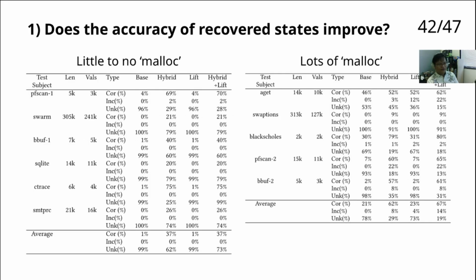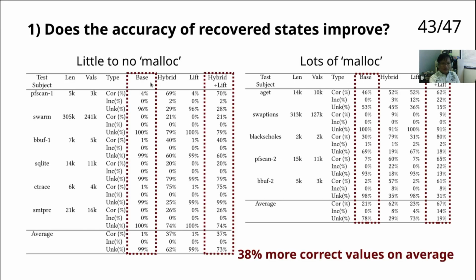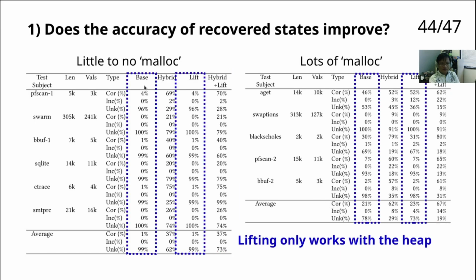Here is the raw data, and as we can see, from the base to hybrid plus lift, the correct values have increased by 38% on average. We can also observe that the lifting is only effective when the test subject uses a lot of malloc, aka heap memory.